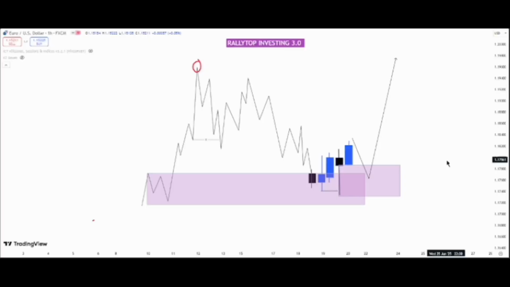I'm using the 1H here, and I'm taking my trade directly using the 1H, but considering the market behavior, the price behavior around the entry zone. That is key to what we're talking about. Now, let me take you to the live chart and show you what I mean.